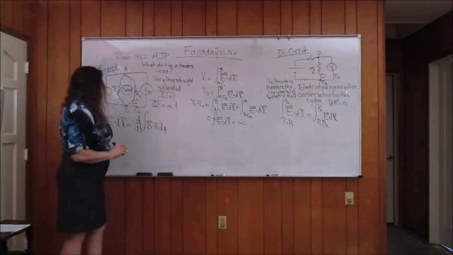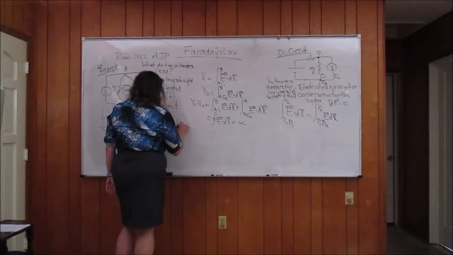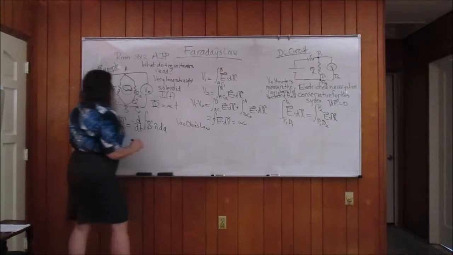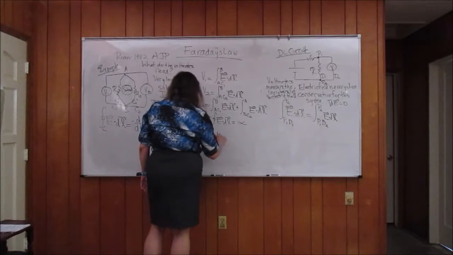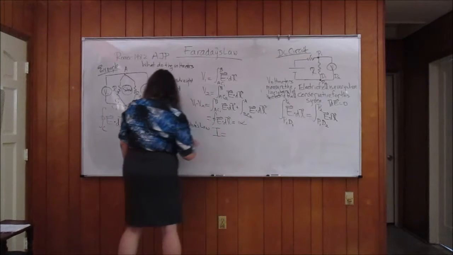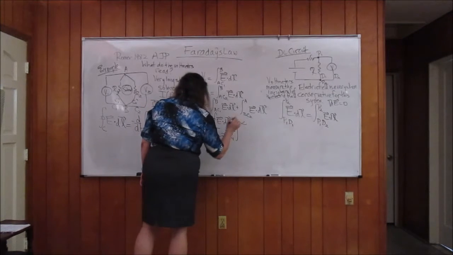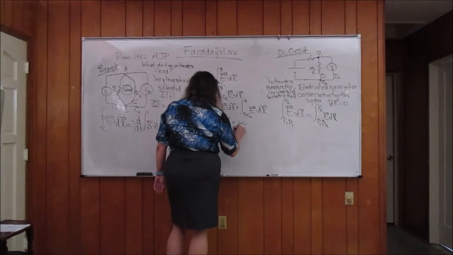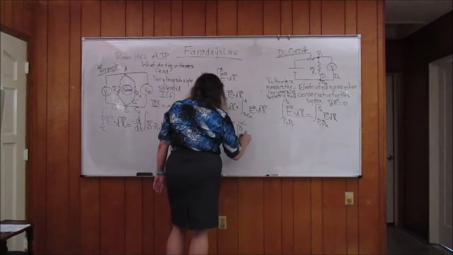So what else can we do here? Well, we can use Ohm's Law to figure out what current flows. And that's equal to 1 over R1 going from A to B along path C1 prime, E dot dl.